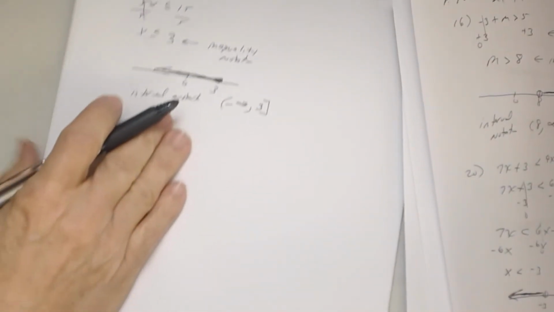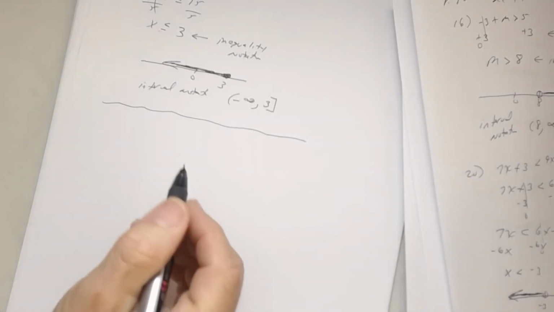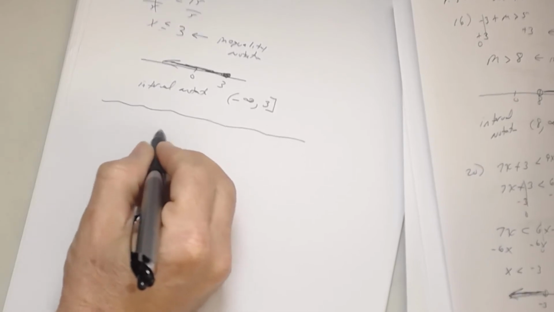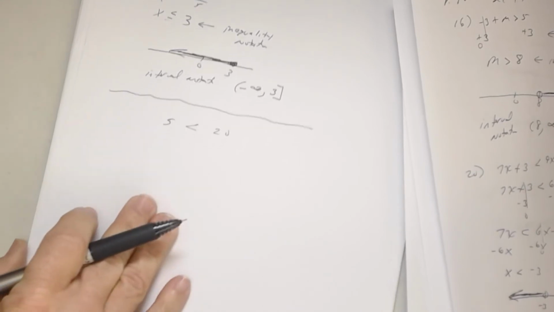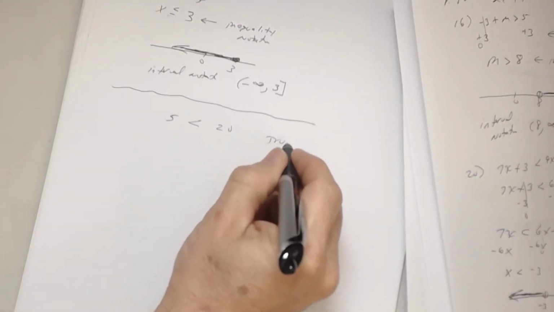Okay, now what if you had this? Let's kind of review this. So we all know that 5 is less than 20, correct? Okay, that's a true statement. And remember, the multiplication property of inequality is kind of similar to the multiplication property of equality.